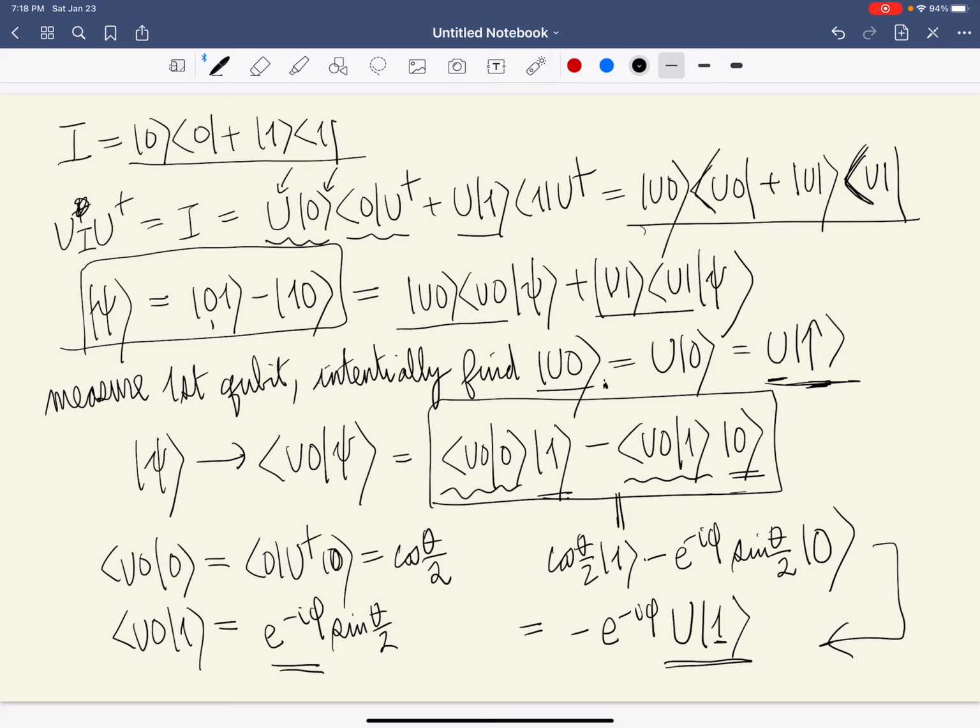So 1 is the same as the spin down state. So this also represents some sort of rotation of the spin initially pointing down along the minus z direction into some other direction as dictated by the elements of this unitary matrix.